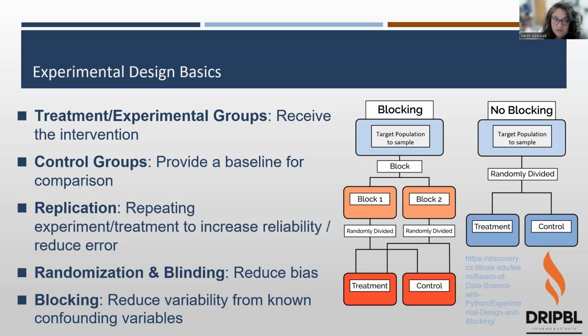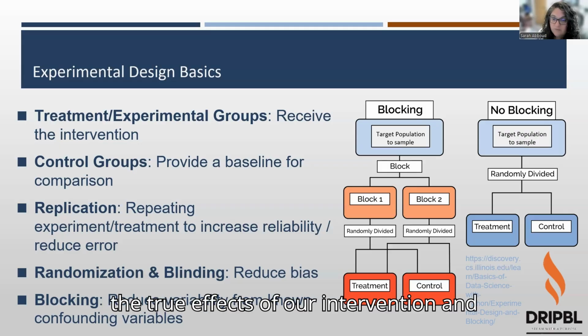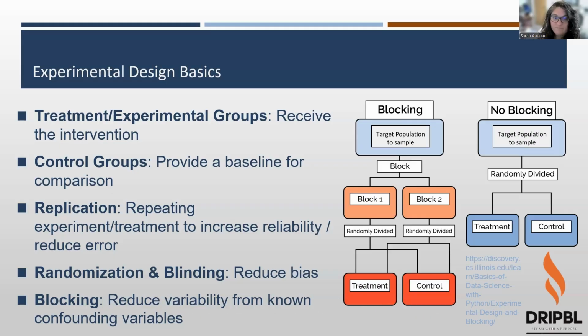Together, treatment groups, control groups, replication, randomization and blinding, and blocking form the backbone of rigorous experimental design. They help us isolate the true effects of our intervention and ensure our conclusions are scientifically valid.